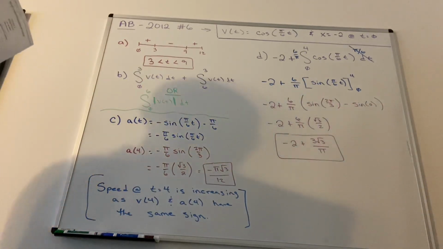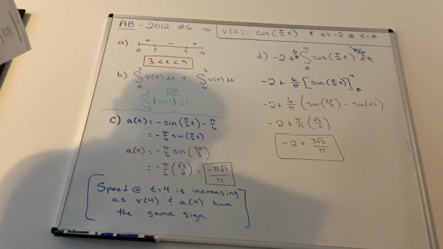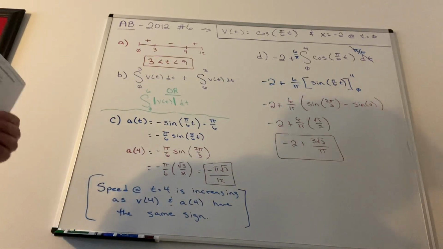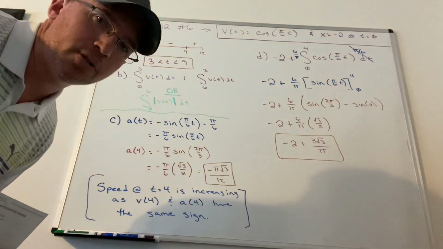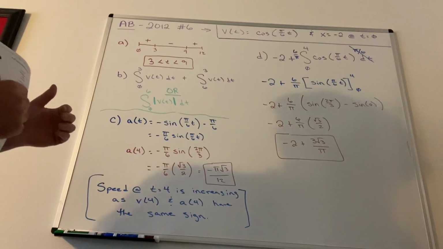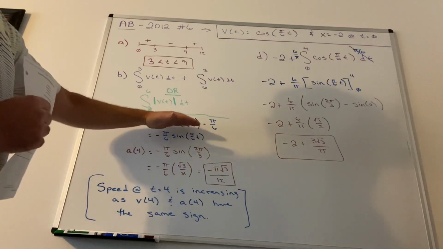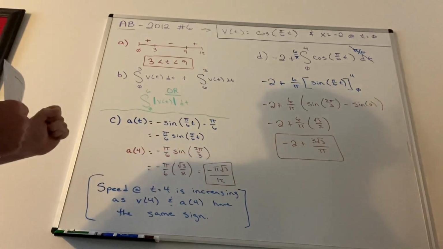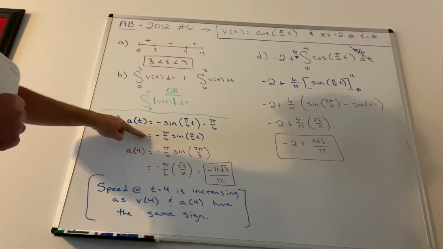All right, part C: find the acceleration of the particle at time t. So velocity derives to acceleration. Cosine derives to negative sine, and you've got a chain rule there, times the derivative of the inner function. I just reordered it.